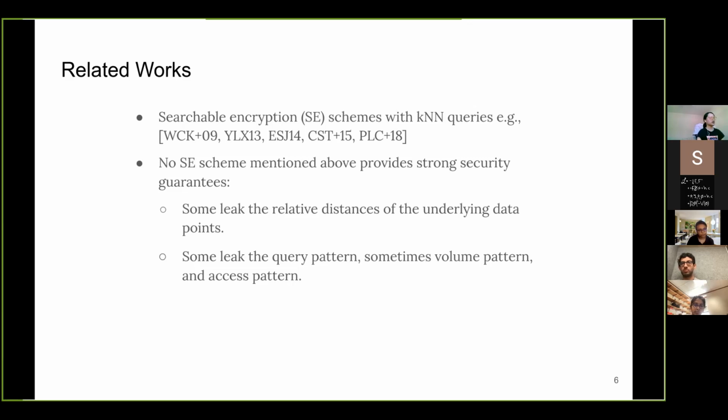But no SE scheme mentioned above provides strong security guarantees. This is because some leak the relative distance of the underlying data points, and some leak the query pattern, sometimes the volume pattern and the access pattern. I will explain more about this leakage in the next slide.